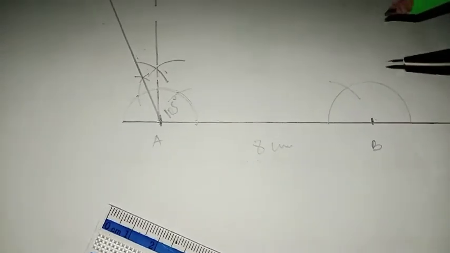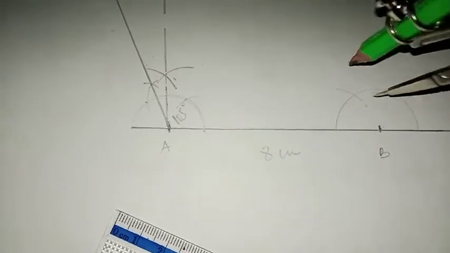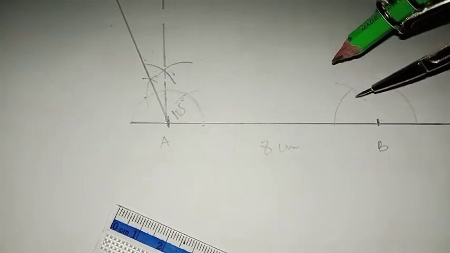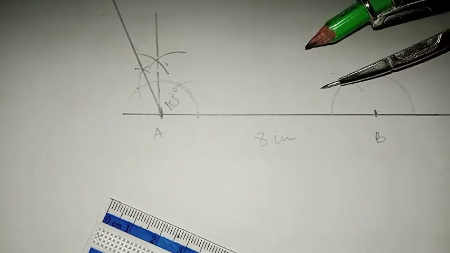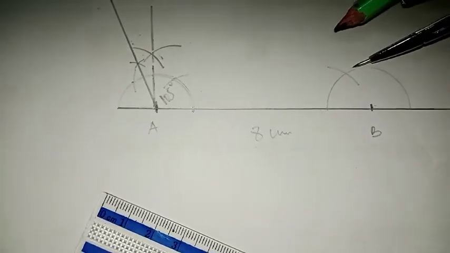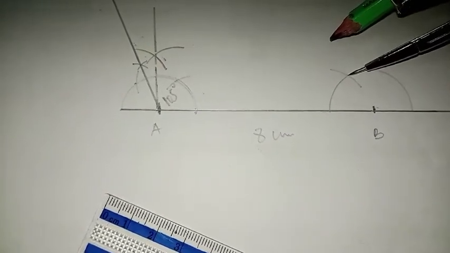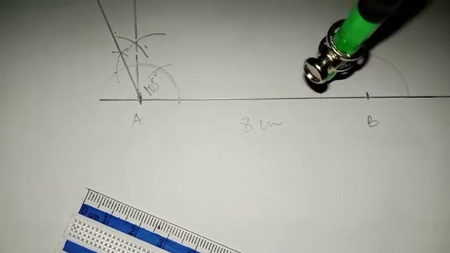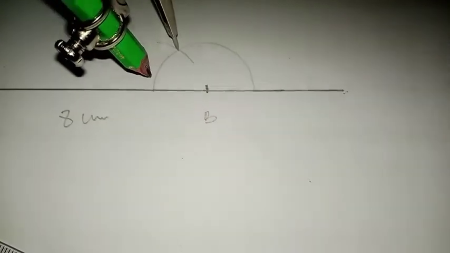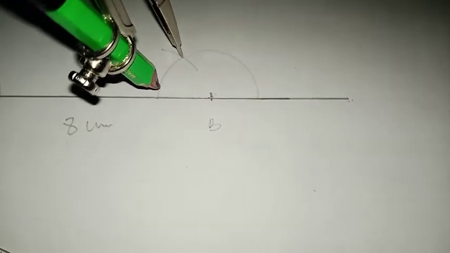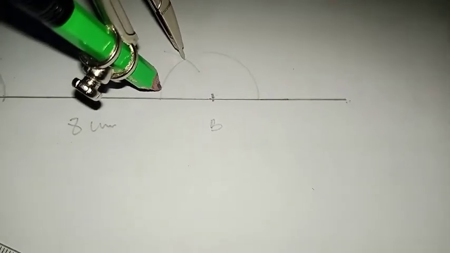So how do you achieve the 30 degrees out of this? You are going to bisect this angle from here to here, meaning that we are dividing it into two equal parts. So stand here and open more than half of what you want to divide. Obviously it's not exactly on the line, so you have to open more than half of the line. It's not on the 60 degrees.